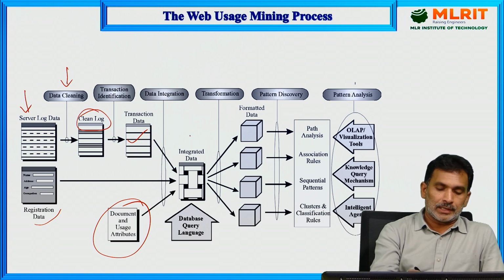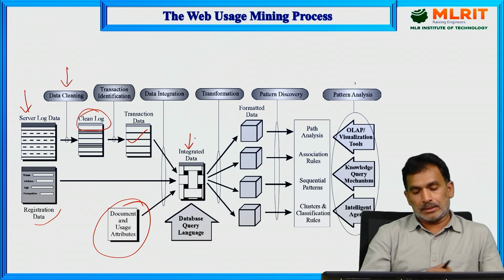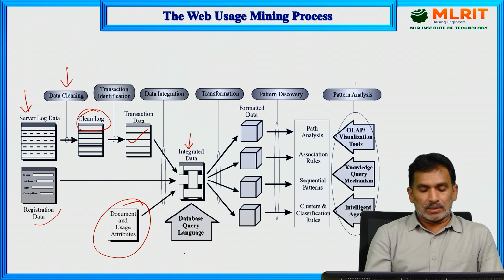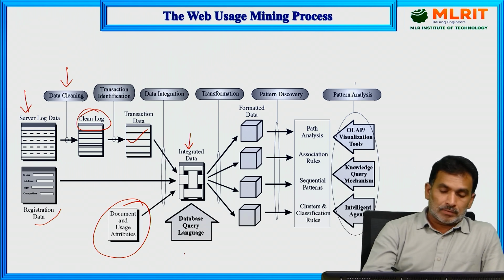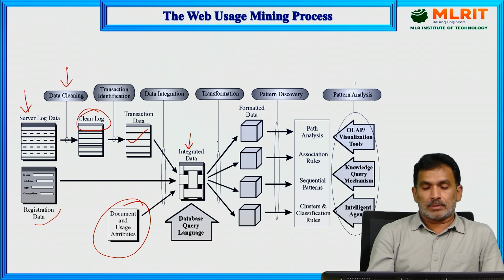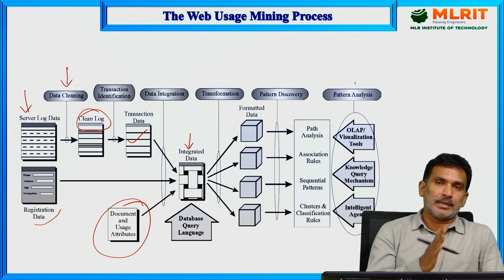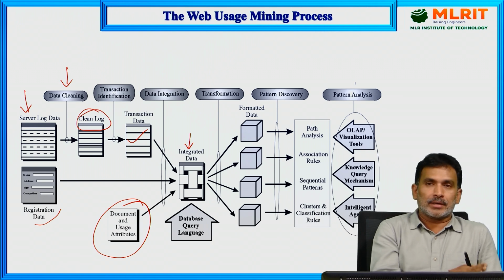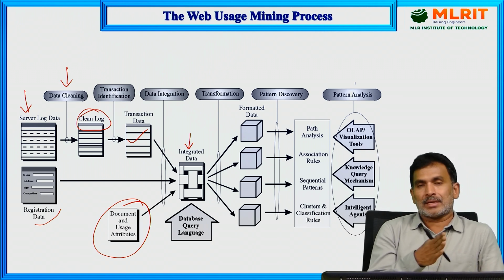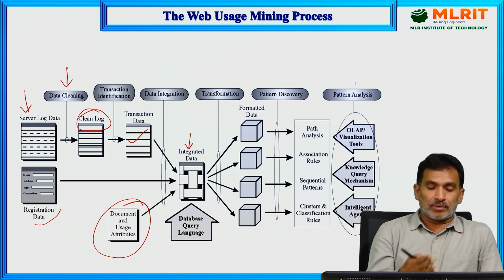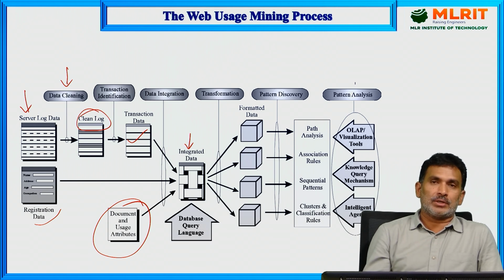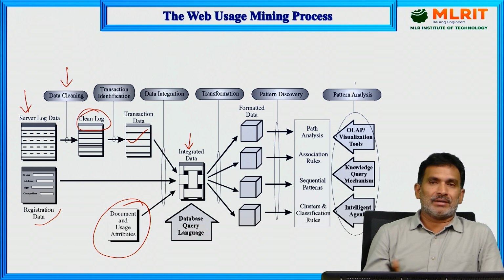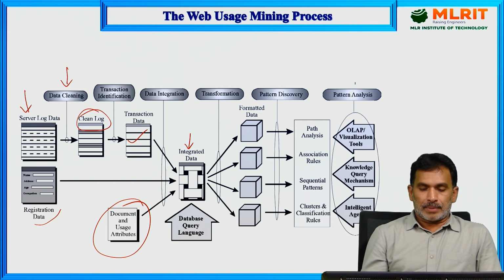Then we get the data integrated from the different sources, and we can also apply database query languages. Next, we have to do the transformation, that is formatted data, the process like in a data warehouse: extraction, transformation, and loading. Some kind of transformations need to be applied so that the data is converted into the required format. Next, pattern discovery.